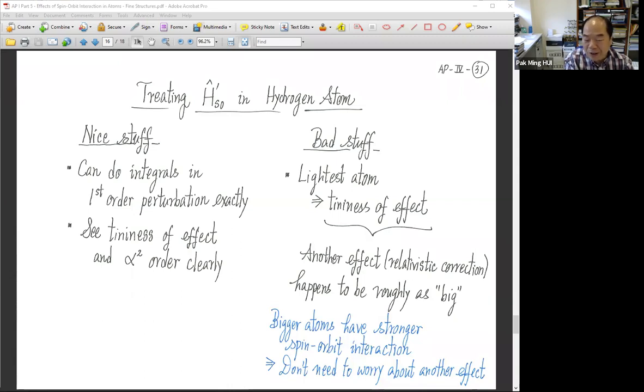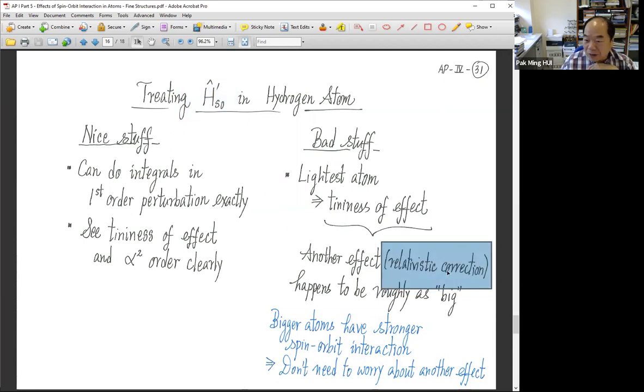Later on, we need to also consider this effect, because if you have attended the exercise class last week, you should have seen it is of the same order, which is alpha square times some order one number as well. So if we take into account this particular effect in hydrogen, we should be fair. And we should also take into account the relativistic correction.